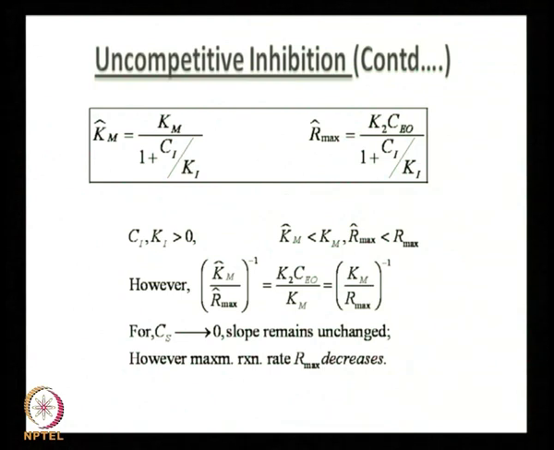However, this is what I wanted to point out, and now it's on the screen, that the ratio remains the same. As a result, the slope in the plot remains the same. So maximum reaction rate decreases, but the slope in the curve remains the same, and I will show you a picture of that in a while.